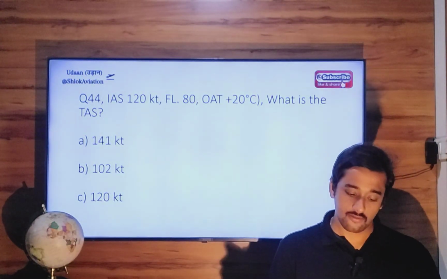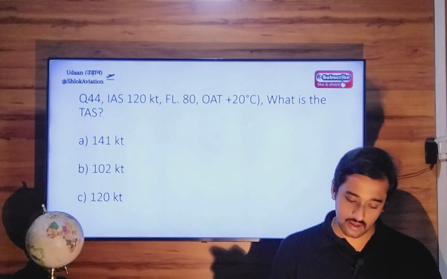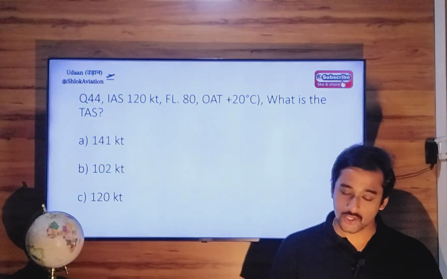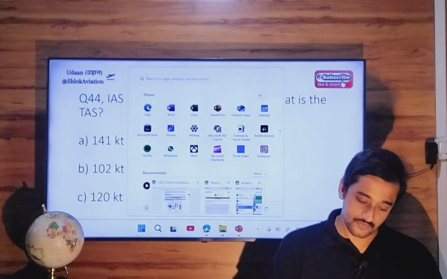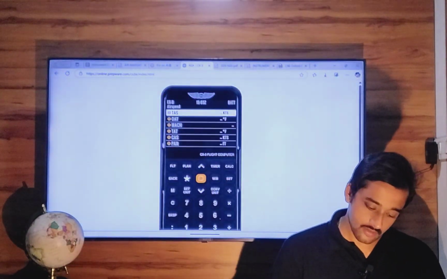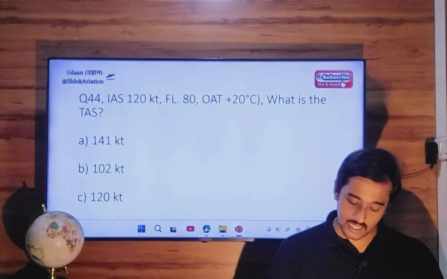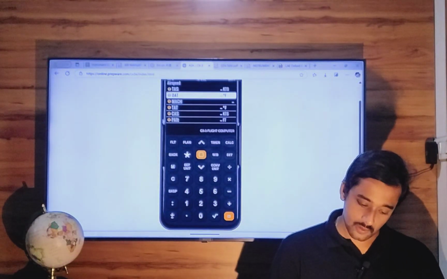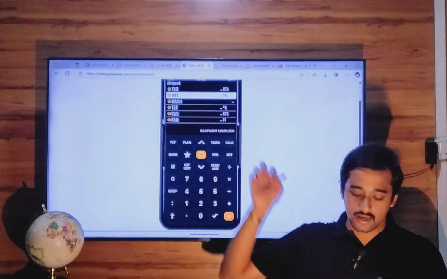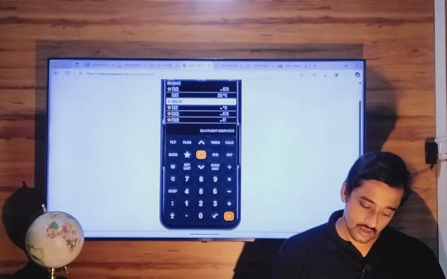Indicated airspeed, flight level, and outside temperature are given. What is TAS? So let's use CX3. Outside air temperature is 20 degrees Celsius, so make sure the temperature unit is Celsius, 20.